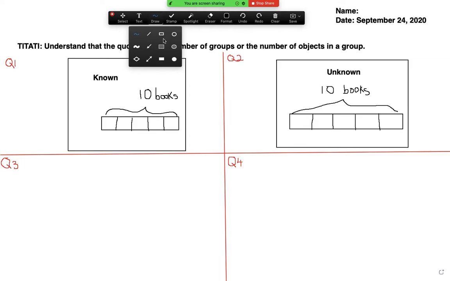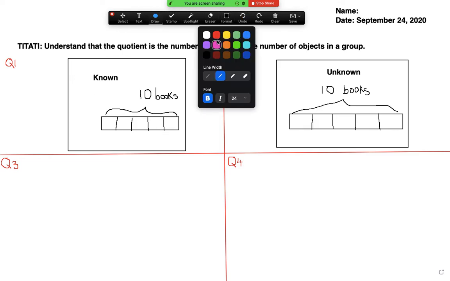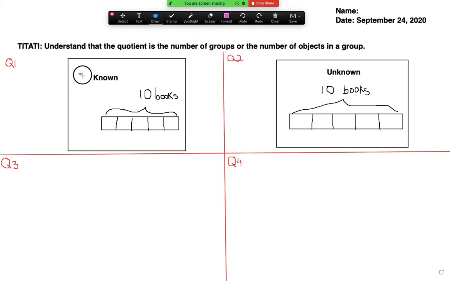Now if you have a highlighter, go grab a highlighter. If you don't have a highlighter, go ahead and grab a color pencil or a crayon. Known is going to be pink.